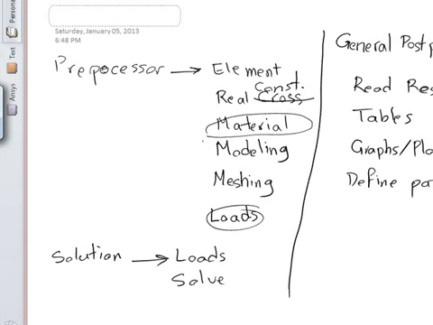In the modeling section, you define the areas, the volumes, based on the geometry of your material or your model. You use this step, the modeling step, to draw your areas, your volumes, in case of a 3D modeling. And then you can apply loads on each side or face or node or anything else.